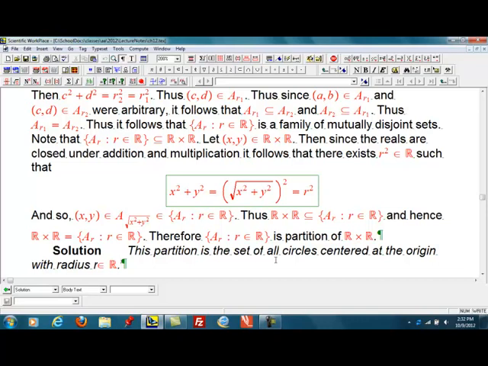So you have to show that R cross R is a subset of the family, and then that the family is a subset of R cross R. Well, I should put this as a union in reality: the union over r in the reals of the family A_r. Because it's in one of them, which means it's in the union of them.